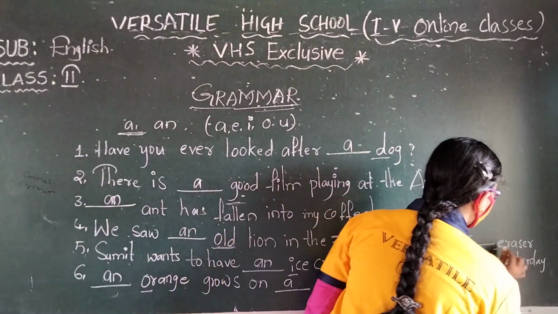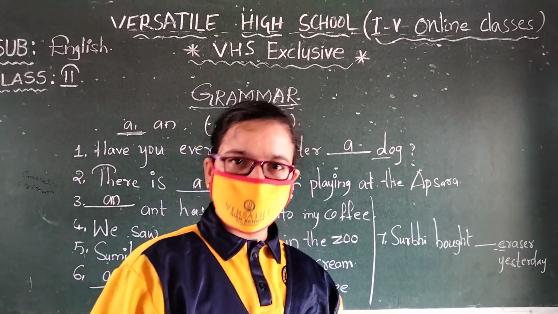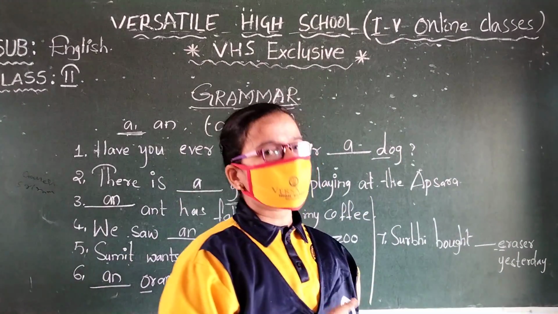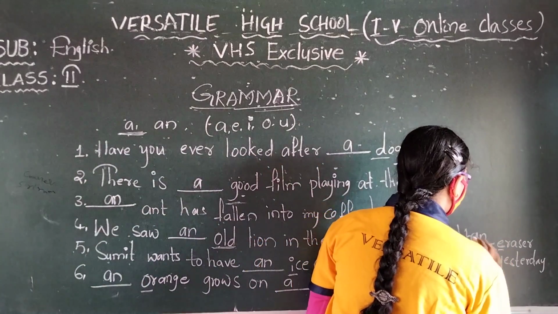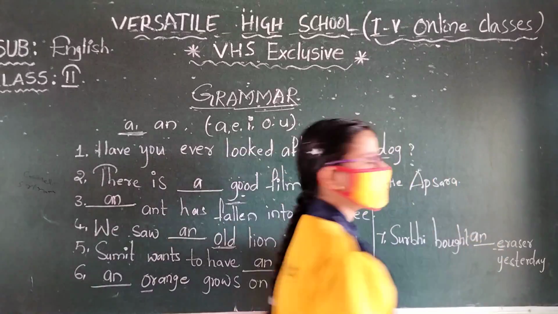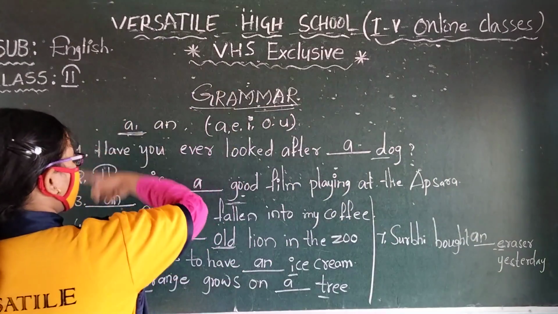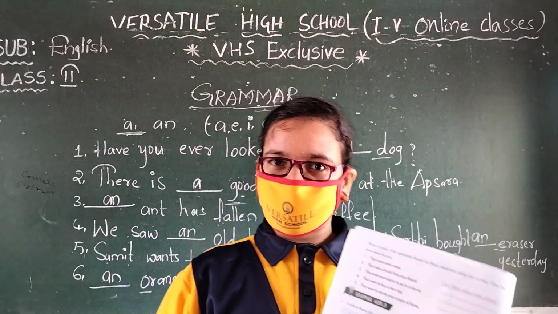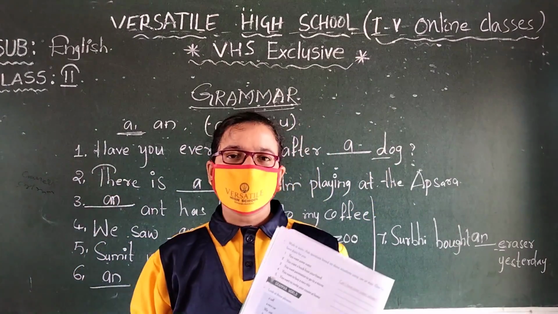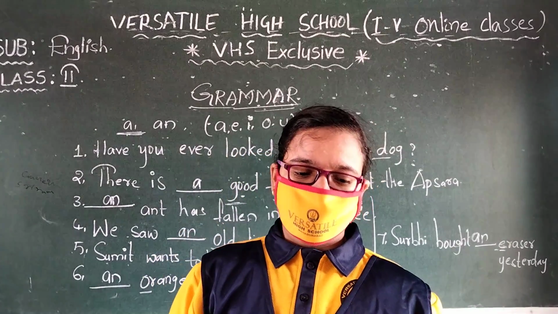This word starts with a vowel sound. Eraser. Before it we use an. An eraser. Okay. This is your grammar point in the first lesson. Okay. Tomorrow we will learn the new lesson.